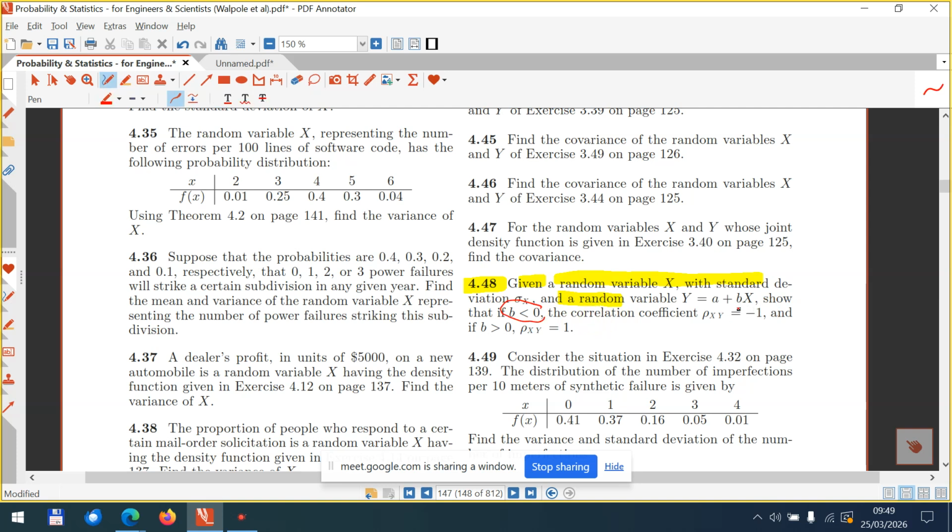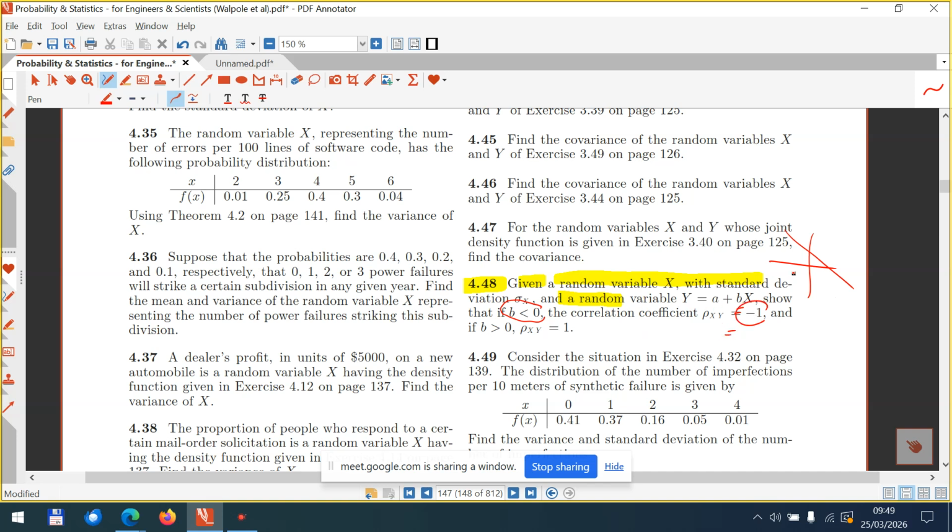If b is negative, you know this will be a relationship of this kind, right? Because b is the slope. Of course, a can be non-zero, and then the relationship will be of this kind, right? So the correlation coefficient will be -1. That's what I told you, right?